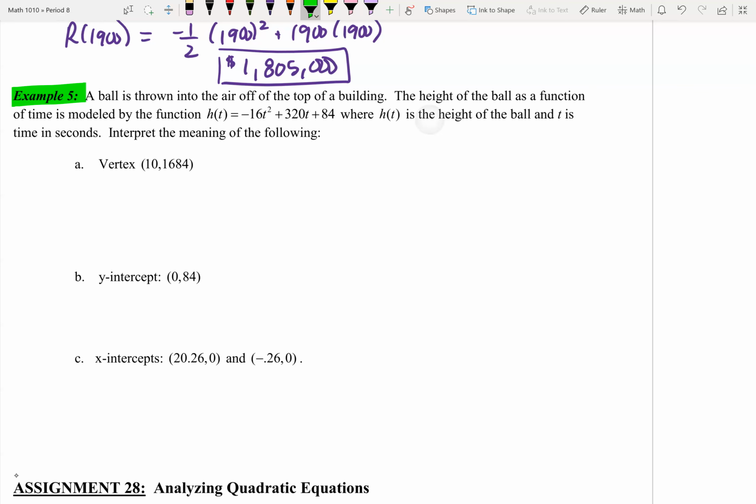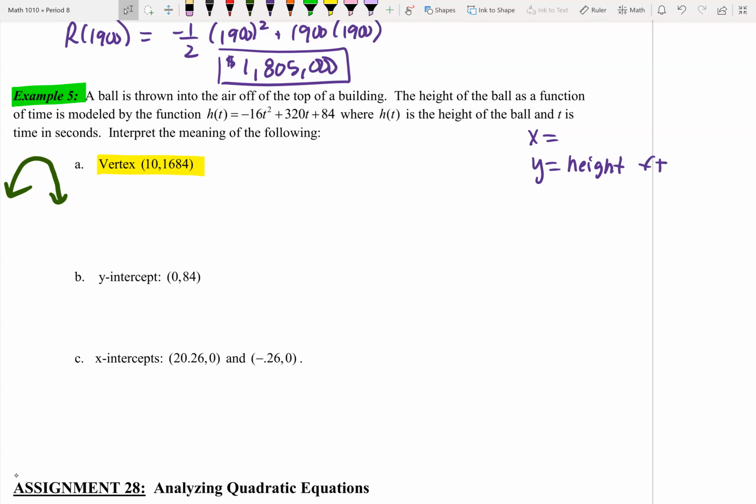What do these things mean? Okay, look. The vertex is here. Guys, this is a parabola that opens down. Okay? This is the one, look right here. Everybody write x equals, y equals. The y is your h of t. What does that stand for? It stands for the height. And that would be in, it doesn't give you a measurement.